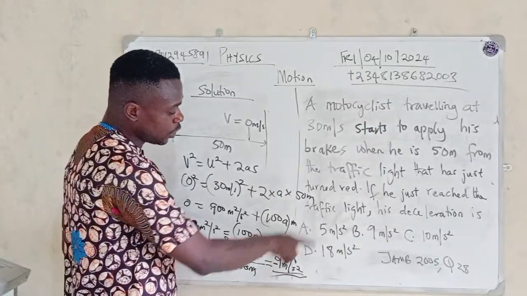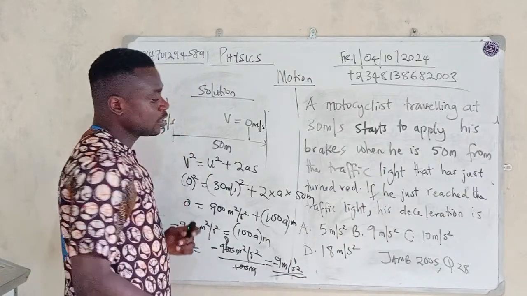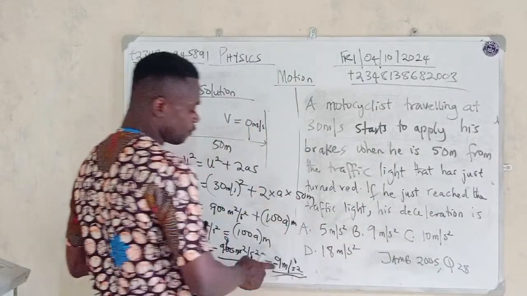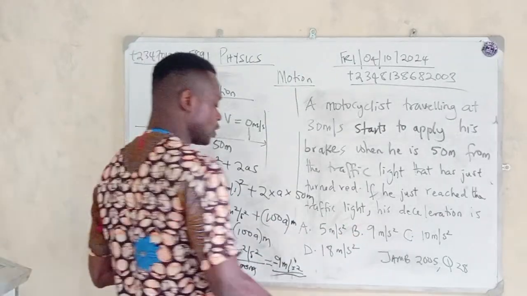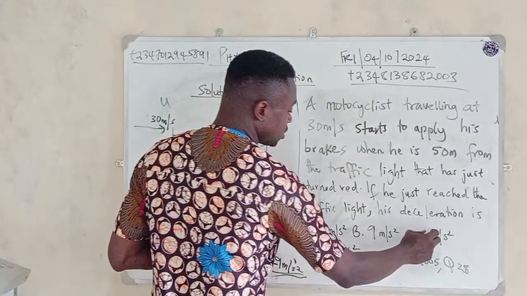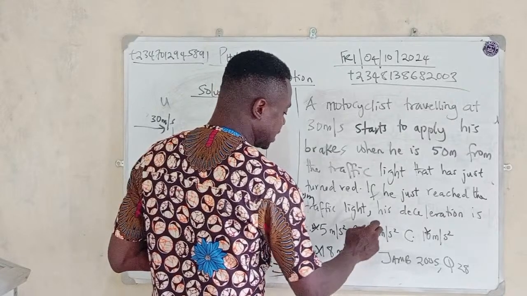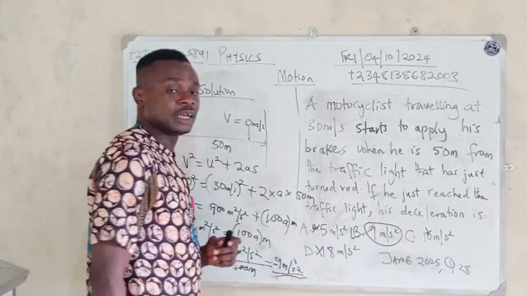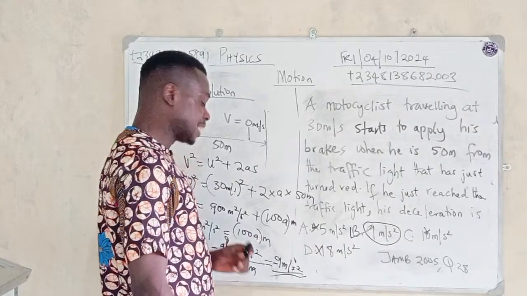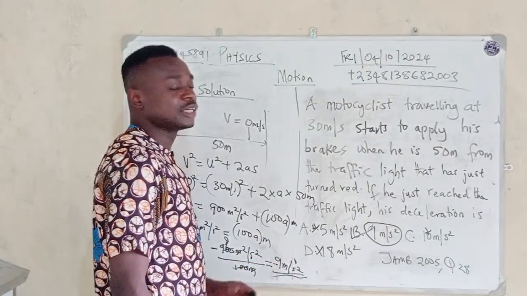So which of the options here is the answer? Because they say deceleration, it will take care of this negative sign. So the answer is 9 meters per second squared. It's not this, it's not this, it's not this. The answer is 9 meters per second squared, because it is deceleration. Remember the minus sign here.